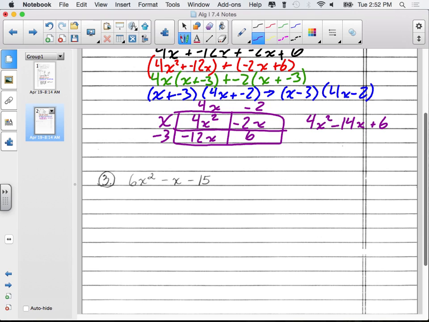Did everyone's check out when they did it? So you got 4x squared minus 2x minus 12x and plus 6.